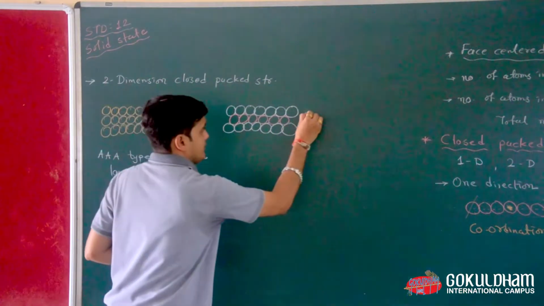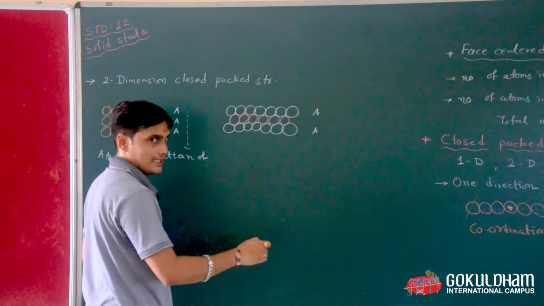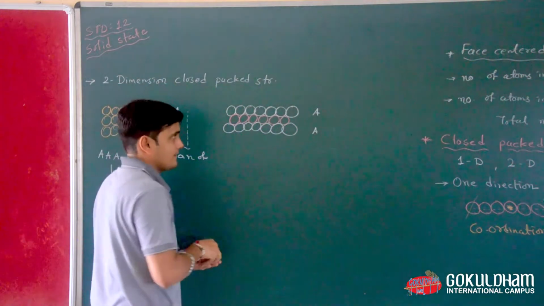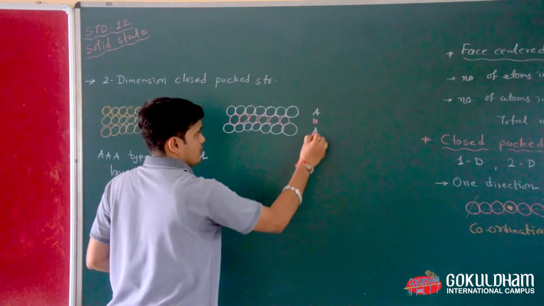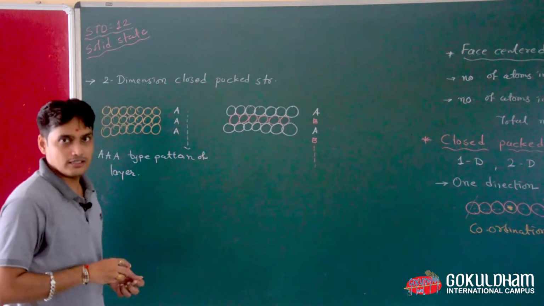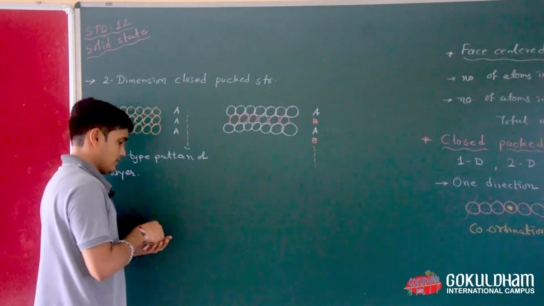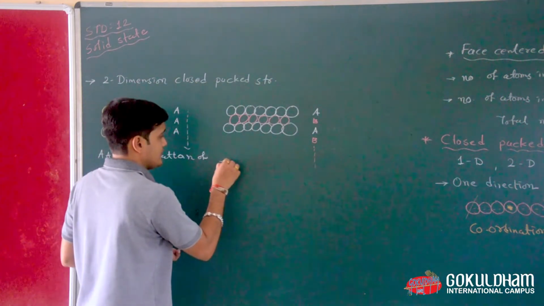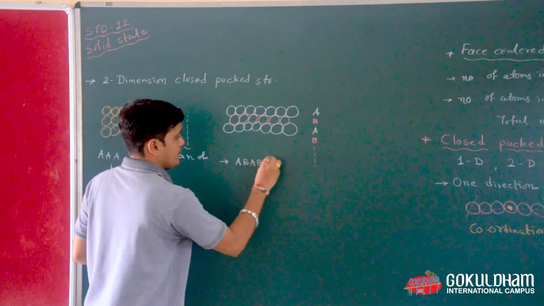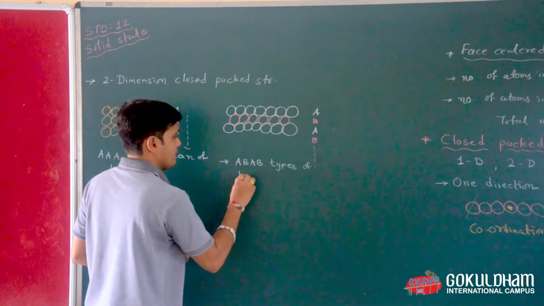The first layer is A type, the third layer is A type, and the fifth, seventh, ninth odd numbers are considered as A type, and 2, 4, 6, 8 even numbers are taken as B type. So the pattern of layer in this second case is AB type of layer.